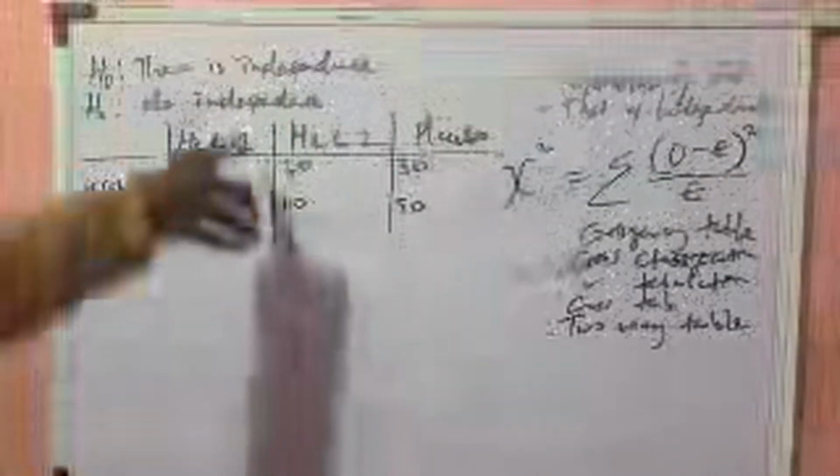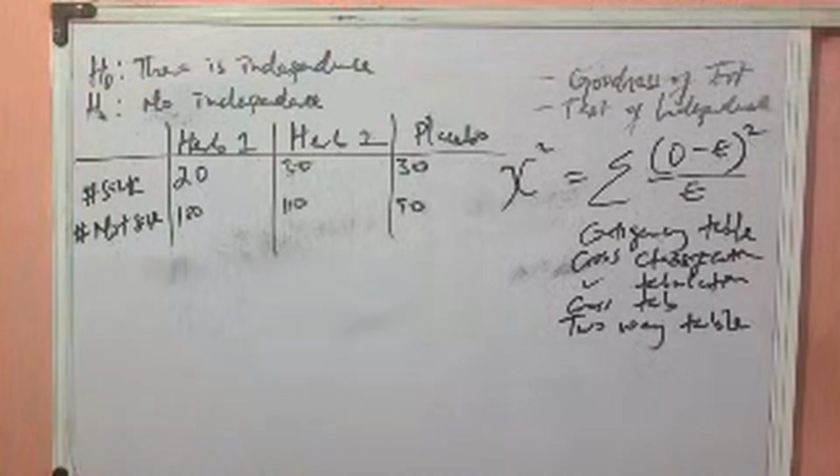Good. Now, this is beautiful. This is an observed value. They are looking at the effect of AB1. When you want to do this testing, you want to use the test for independence.